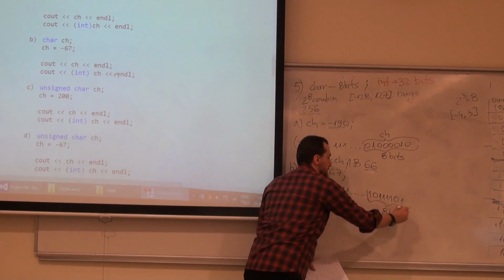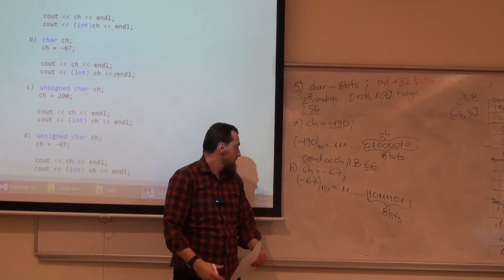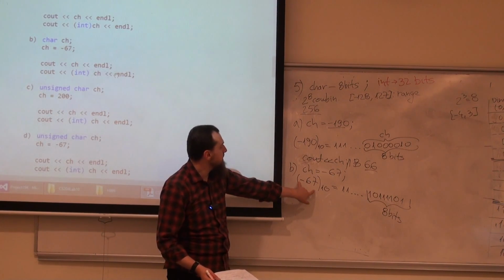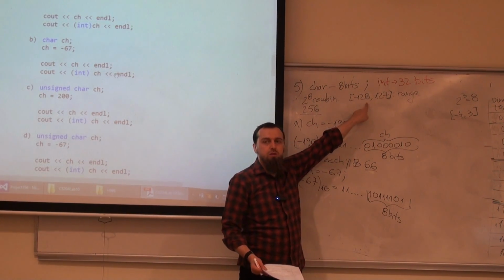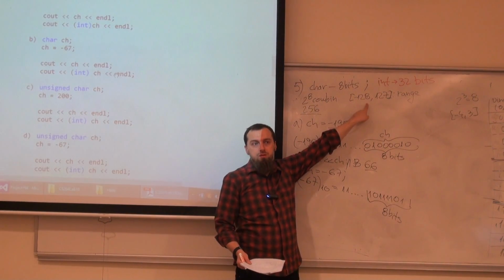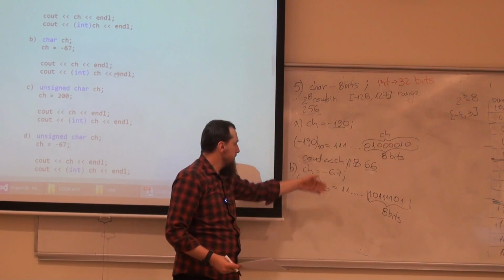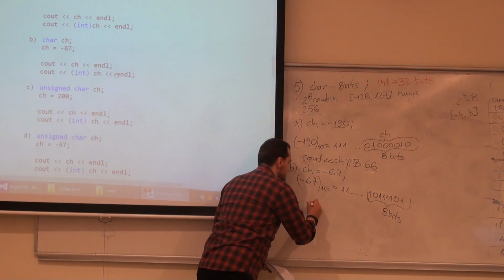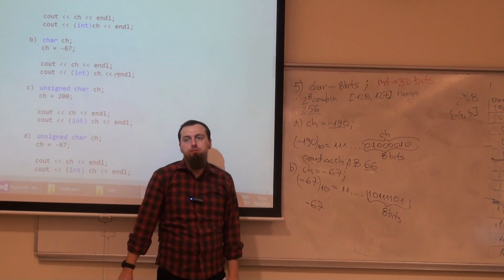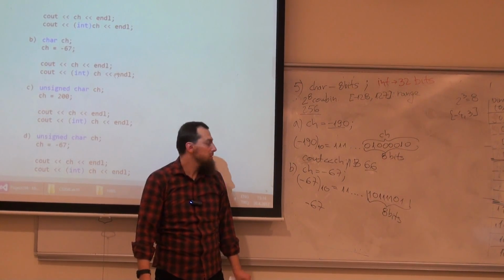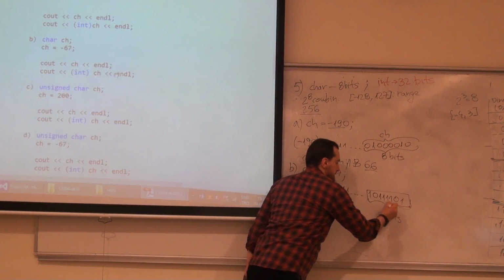What is the value of those bits here? Or even better, I don't have minus 67. Is that inside this range? Yes, it is. Since it's inside this range, when I print this guy again, I will have minus 67. And what is the ASCII character that I'm going to get? It will be this ASCII character.